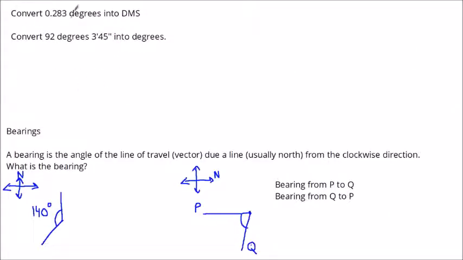So we're going to convert 0.283 degrees into degrees, minutes, seconds. First of all, we have 0 degrees plus 0.283.